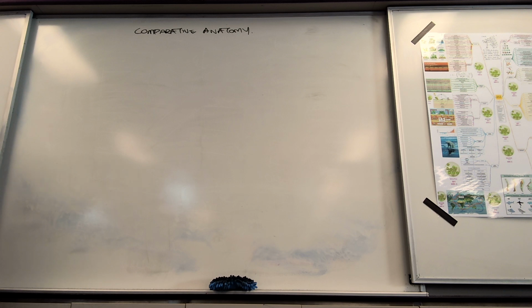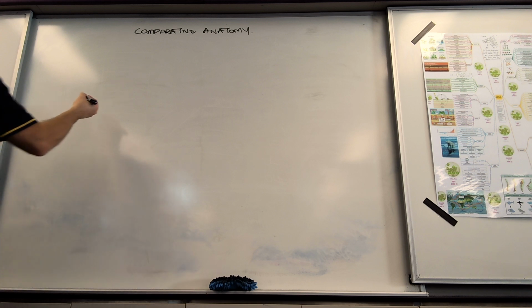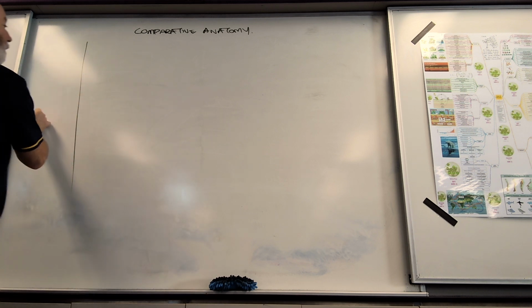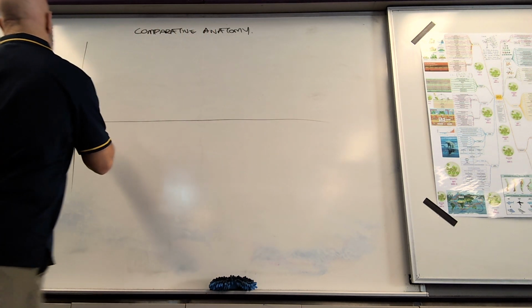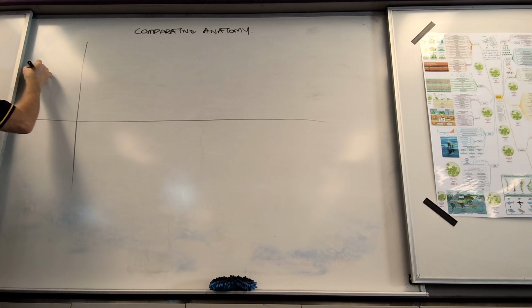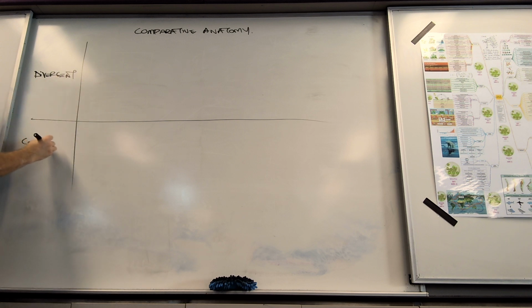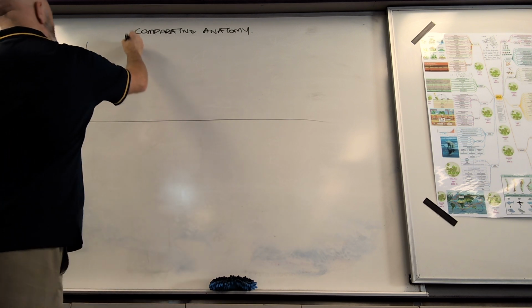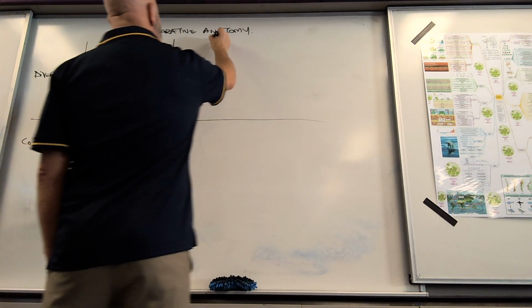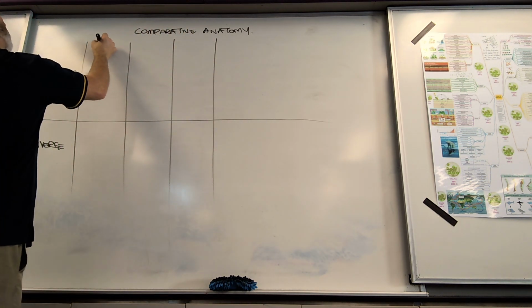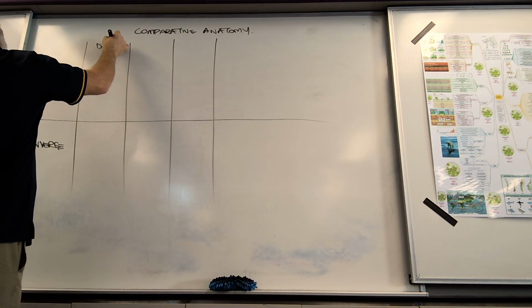So I'll draw this as a table comparing the two general types of evolution. So we're going to have divergent evolution and convergent evolution.